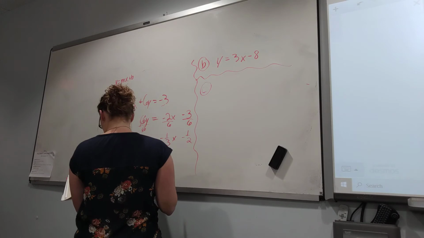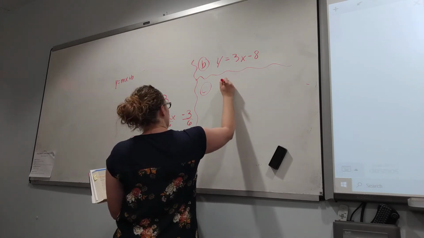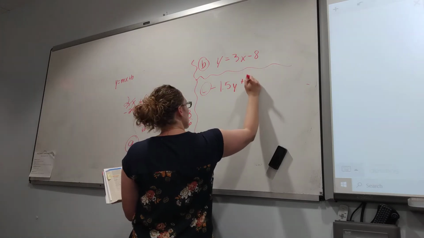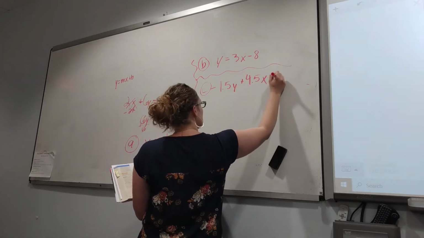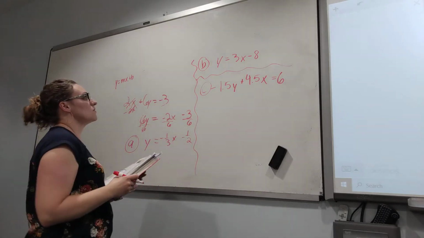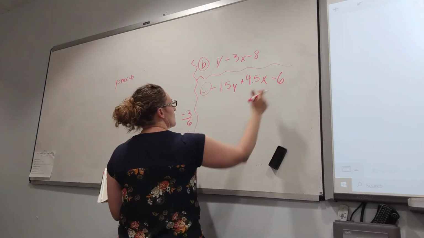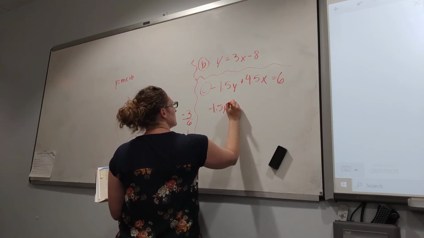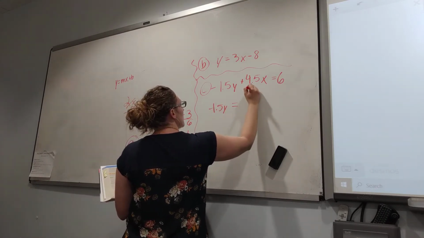Okay, so C is 1.5 negative y plus 4.5x equals 6. So we need to move this guy over. So equals, so minus 4.5.